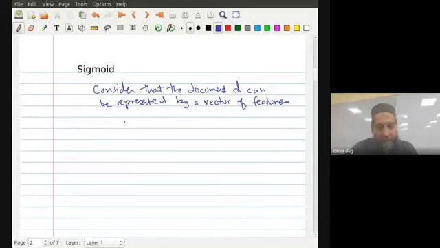Let's say we can represent D using this vector of features x1, x2, all the way to xm.